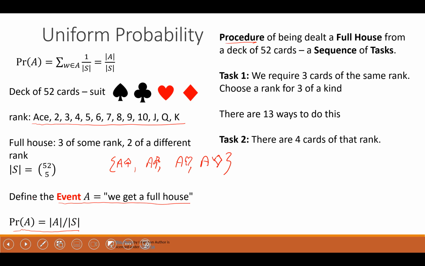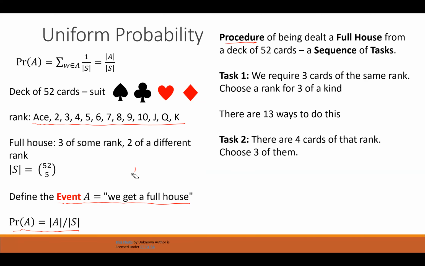Binomial coefficients, again, I don't care which order. I just care which of these 3 I choose. 4 choose 3 ways to do that is also equal to 4, right? Because choosing 3 is the same as choosing the one that I leave behind. So there's 4 ways to do that.